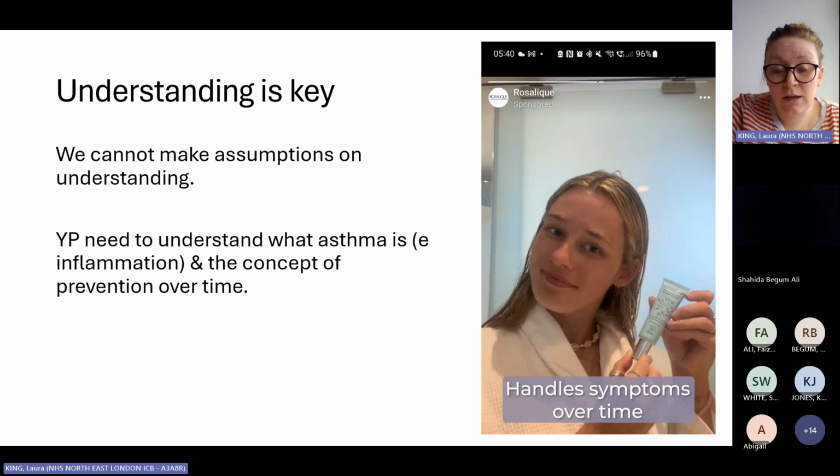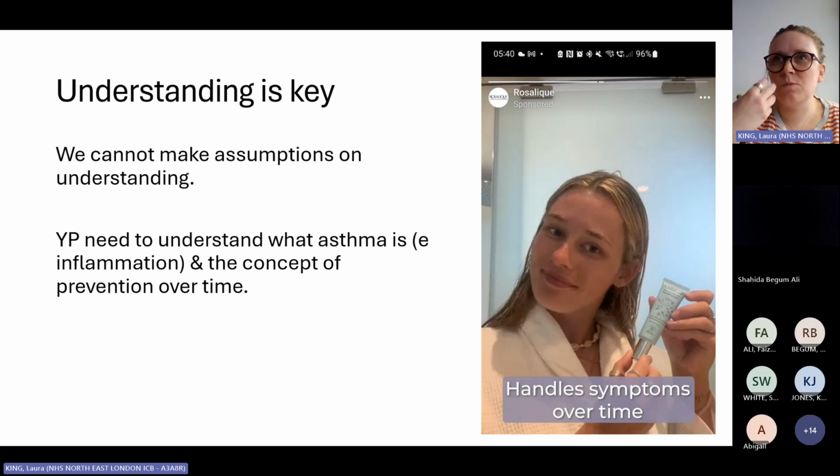And something that popped up on my clearly very early morning social media scroll a little while ago was something that I think was targeted at young people, judging by the advert. It struck me as a really interesting concept that this skincare brand, which I'm not familiar with, its biggest sell is that it handles symptoms over time.